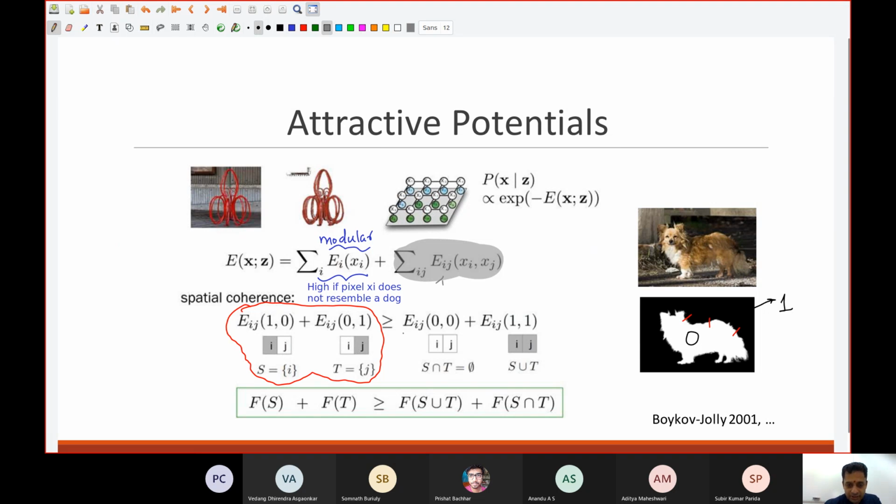So if I'm just within a region, I'm better off. Interestingly, the fact that this is submodular, you can associate it with the second property of submodularity: F of S plus F of T is greater than or equal to F of S union T plus F of S intersection T.